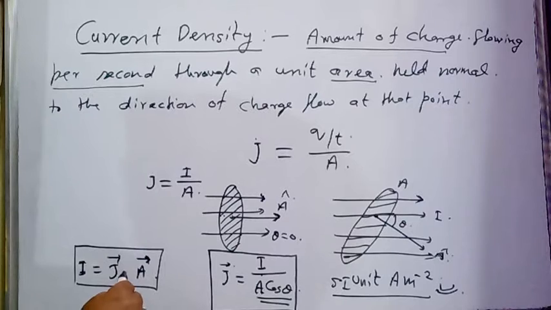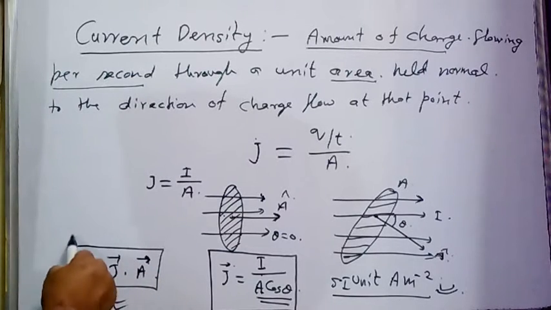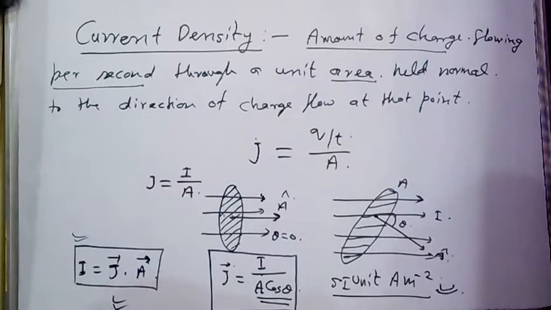The dot product of current density and area vector of the surface provides electric current, and the dot product of two vectors is always a scalar quantity. So current density is a vector quantity, but current is a scalar quantity.